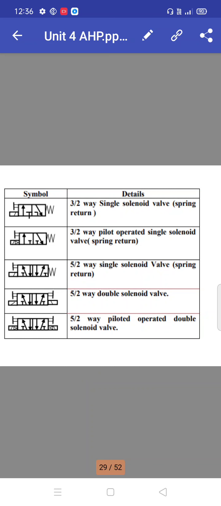The first one shows a 3/2 way single solenoid valve, spring return. The second one is a 3/2 way pilot operated single solenoid valve, spring return also. Then a 5/2 way single solenoid valve, spring return. Then a 5/2 way double solenoid valve, and a 5/2 way pilot operated double solenoid valve.